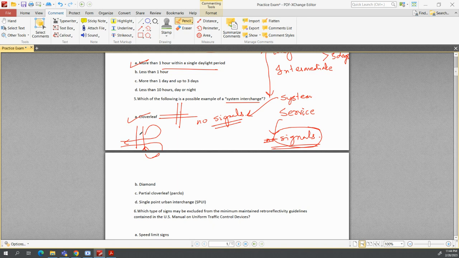Similarly, it's like a full cloverleaf, right? This will go and this will go like this, basically all four directions. So this is a full cloverleaf. For a full cloverleaf, this is a system interchange, no at-grade intersections. But the other three, diamond, partial cloverleaf, and single point urban interchange, these are examples of service interchange.